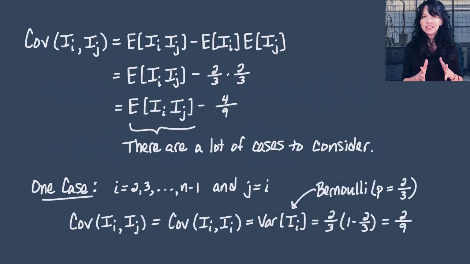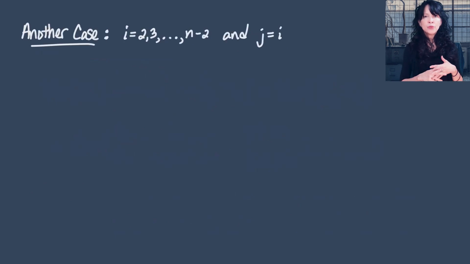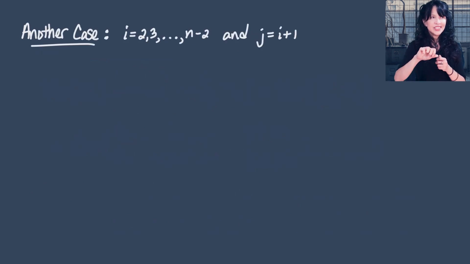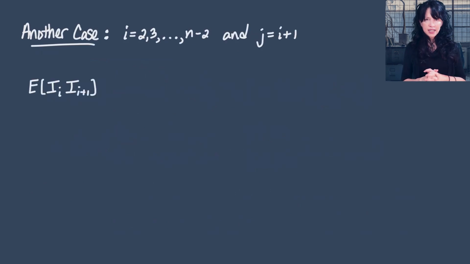As the next case, I'm going to let I go from 2 up to n-2 and consider when j is I plus 1. So you'll notice I cut off, I didn't go all the way up to n-1, because I don't want to go off the end when I'm looking at j equals I plus 1. The expected value of the product of these indicators: these are both 1 and 0, so the product is 1 or 0.